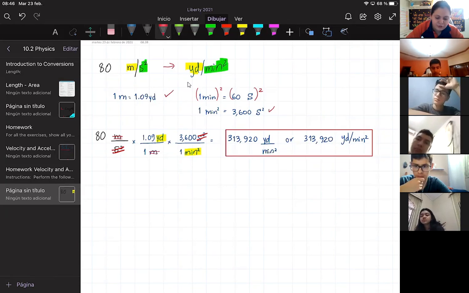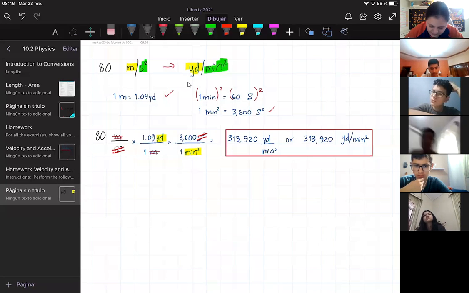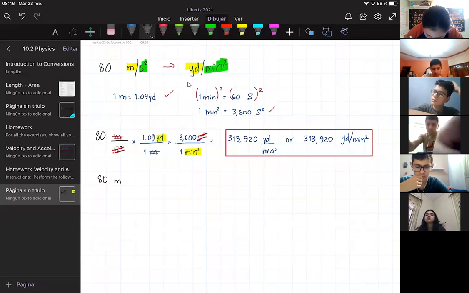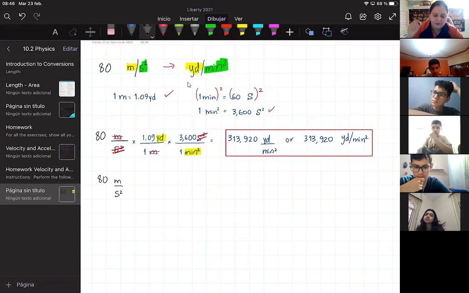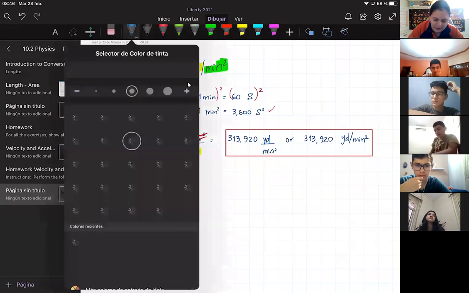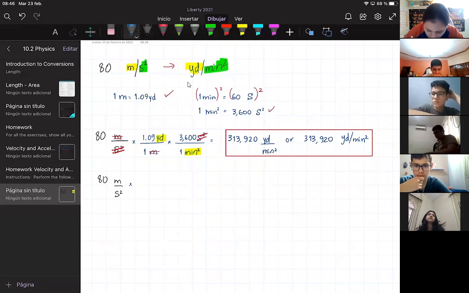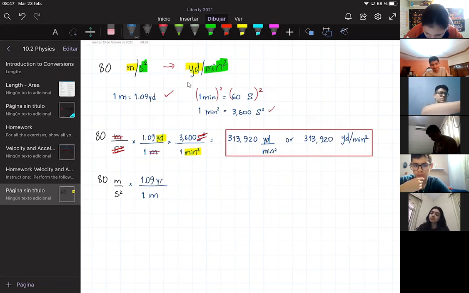Now, there's another way to do it, which is 80 meters over second square. This is the other method that I explained previously, okay? You have the yards in meters conversion, the same, okay, like that. Cancel meters and meters, okay?